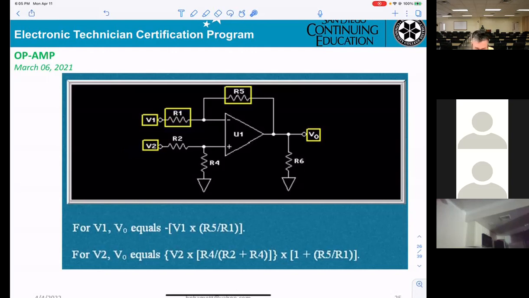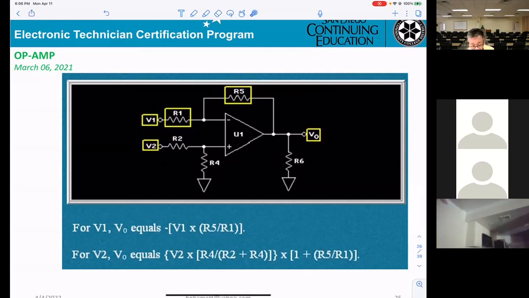So can you tell me, if we're using V1 only, what is the configuration of the circuitry? I'll try to repeat it. This is a differential amplifier. They're using V1 and V2. To solve the problem, you have to do the calculation for V1 only, then for V2 only.